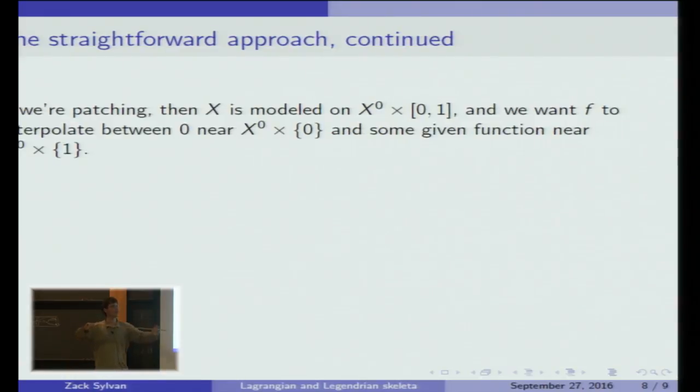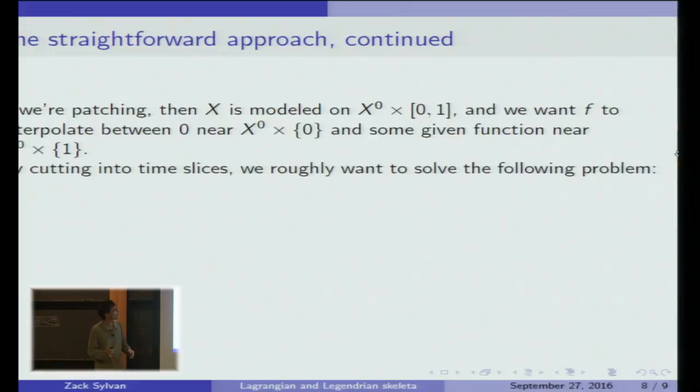And we want to interpolate an f which equals 0 here and is the prescribed f over here in a way that maintains convexity over the entire thickening X on that interval. Anyway, it's quite easy. We could just take df and apply a cutoff function to interpolate without convexity. But if we wanted convexity, it's a lot trickier.